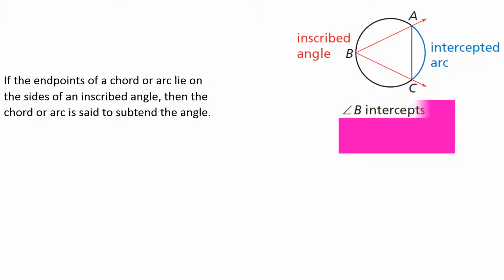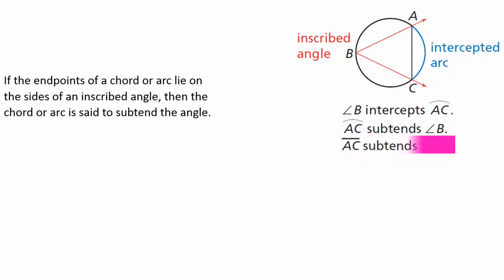So angle B intercepts arc AC. Arc AC subtends angle B. Segment AC subtends angle B.